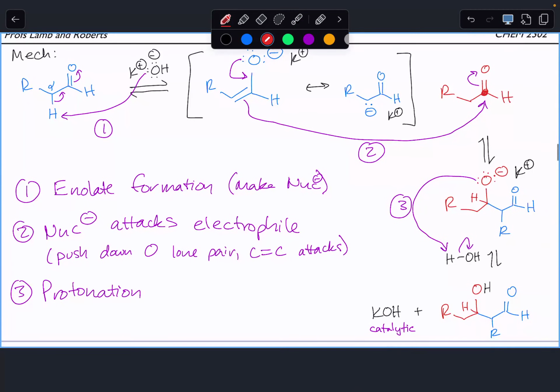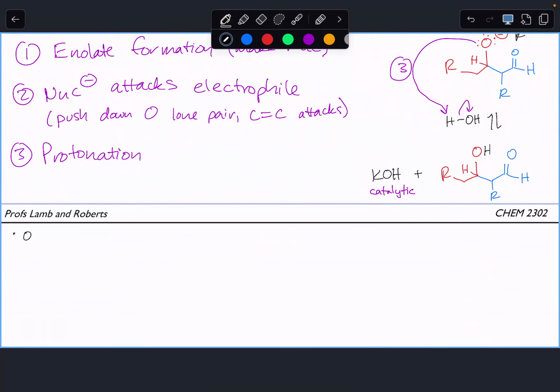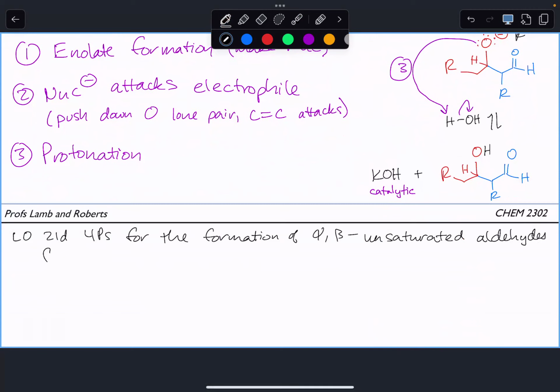So now let's look at aldol condensation. This is our next learning objective, which is the 4 Ps for the formation of alpha, beta unsaturated aldehydes from aldol condensation.